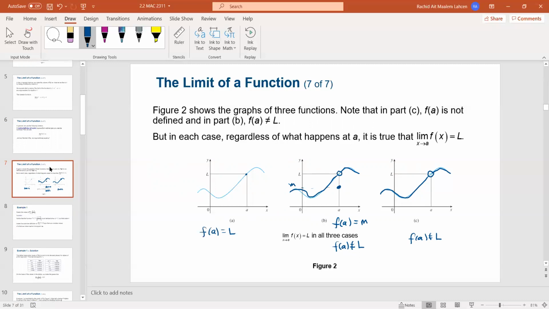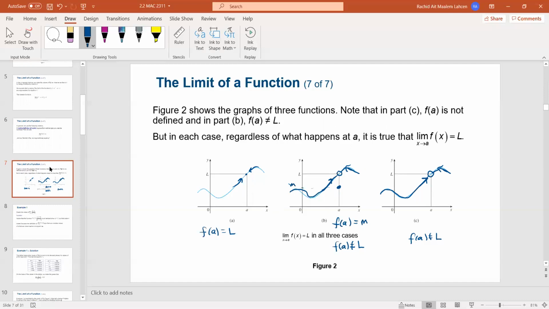Let's look. If we approach A from the left, we're going towards L. If you approach it from the right, the same thing happens. You see here, the same thing happens in each graph.